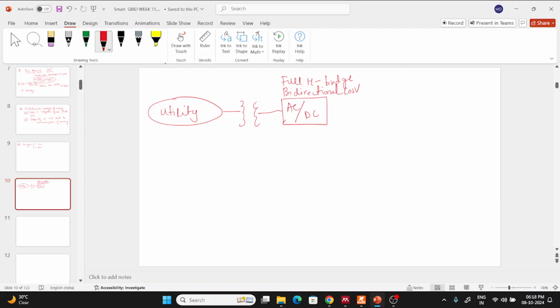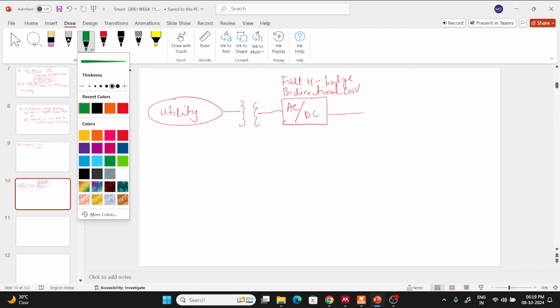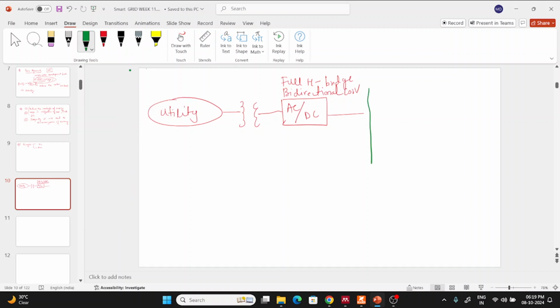Then it is connected to a DC bus, which I would like to draw here. This is the DC bus. The power flow will be bidirectional. Let's say this is PG because it's the grid power. Either it will go into the utility or toward the DC bus.